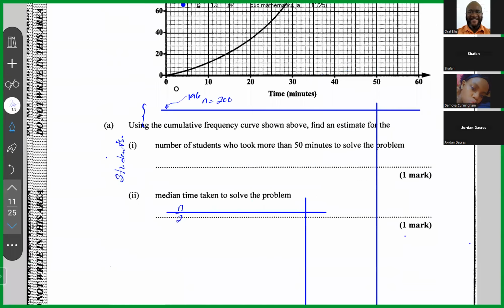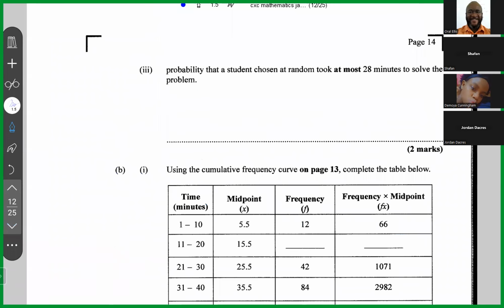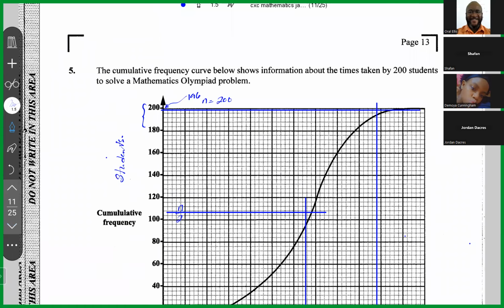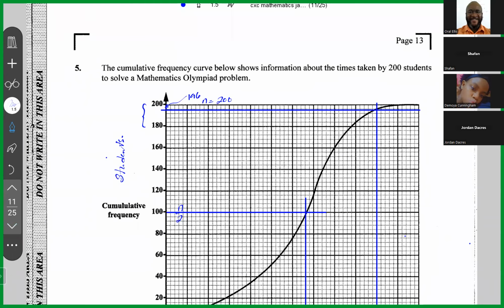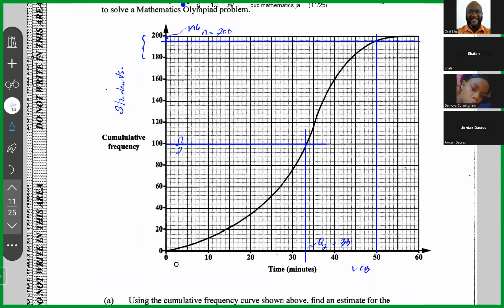Next, we're asked the probability that a student chosen at random took more than 28 minutes to solve the problem. So let's find out how many students took more than 28 minutes to solve the problem. So first we need to find out who took 28 minutes. So 20, 21, 22, 23, 24, 25, 26, 27, that's 28 there.